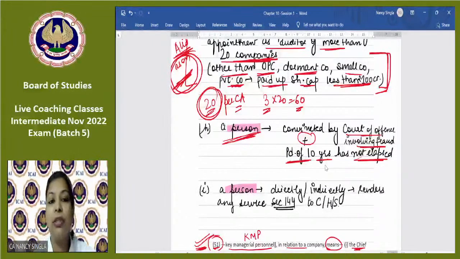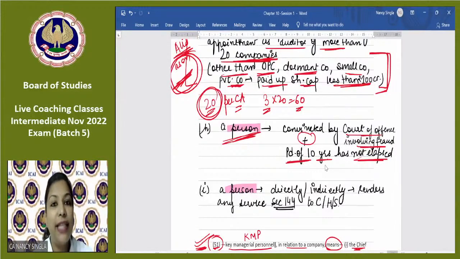From the date of that conviction, for 10 years, the person becomes ineligible to be appointed as an auditor of the company.